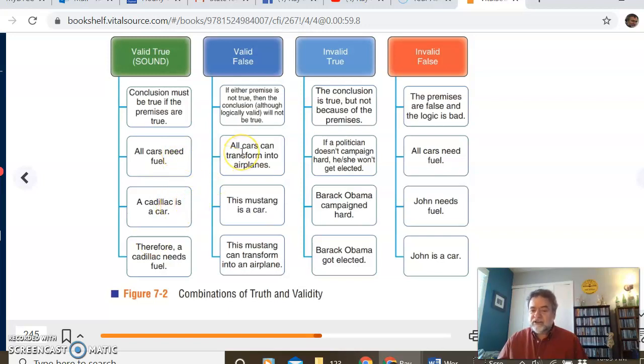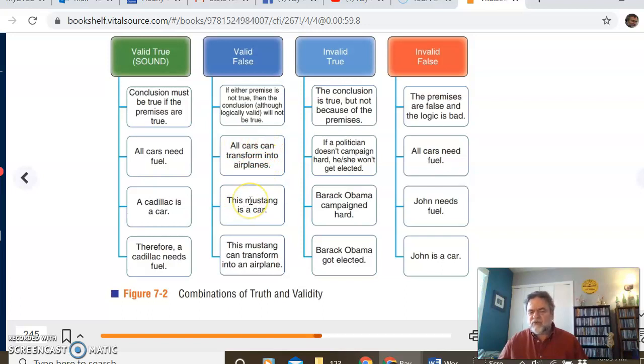Now, this is totally silly. This is the product of my friend Rick, who probably spent too much time as a boy playing with Transformers. But here, it's perfectly logical, but it's not true. This generalization is simply not true, but say it was, okay? All cars can transform into airplanes.